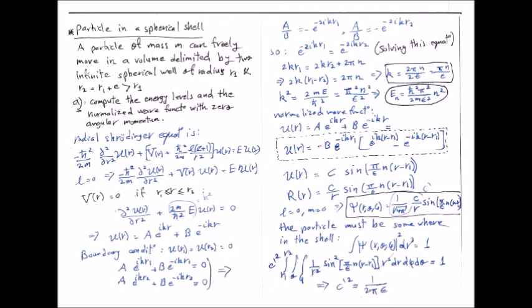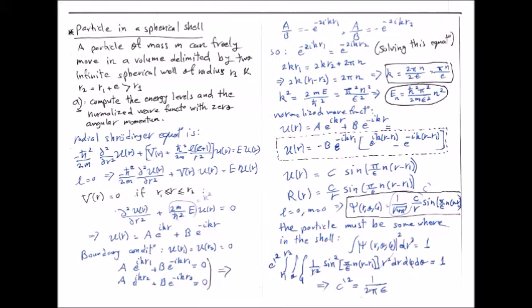And as usual, the solution of this equation is u(r) equals A e^(ikr) plus B e^(-ikr). That means there is a combination of two propagating waves in opposite directions.